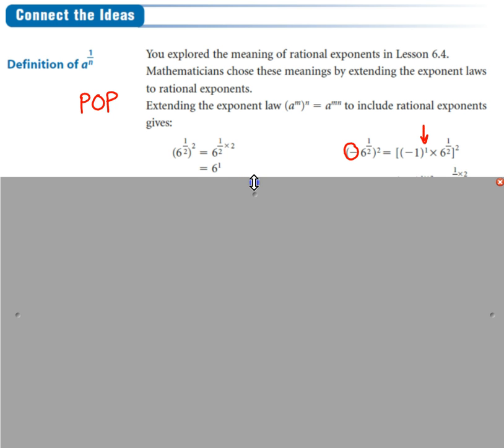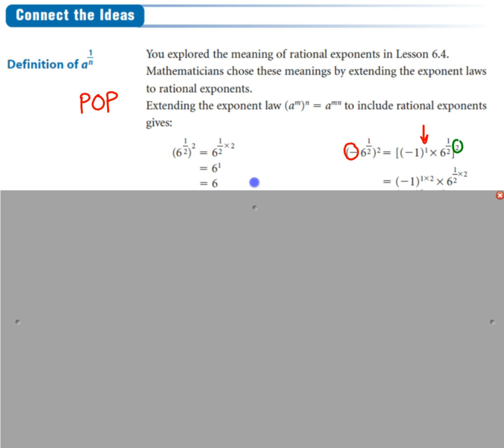So now what we're actually doing on the right side here is we're evaluating the second power of a product. And that just means that we're going to have to multiply everything in the brackets here by itself twice.